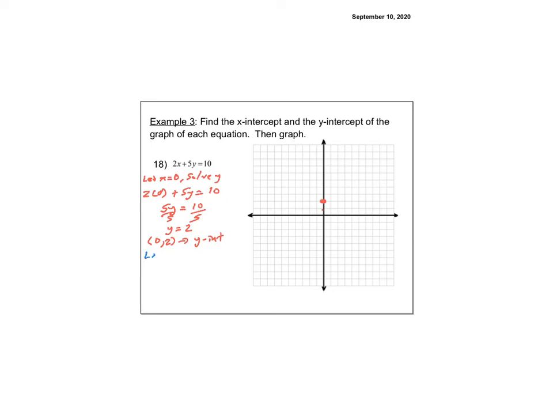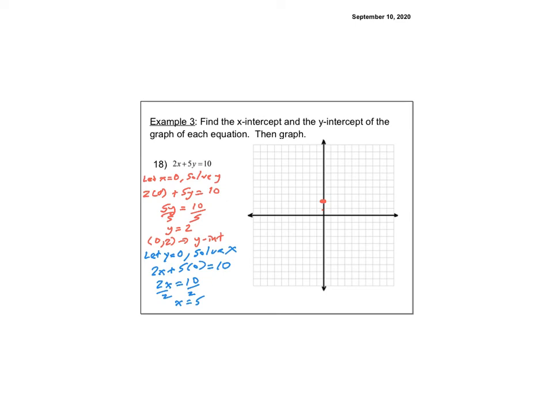So now we want to let y equal 0 and solve for x. So we're going to do 2x plus 5 times 0 equals 10. 5 times 0 is 0. 2x plus 0 is 2x. Divide by 2, and x is 5.